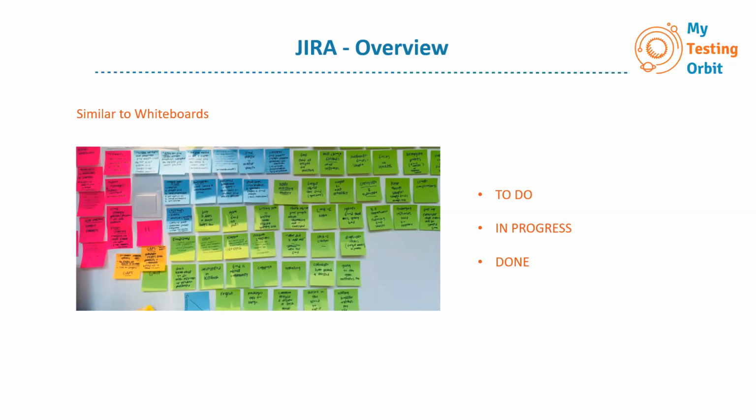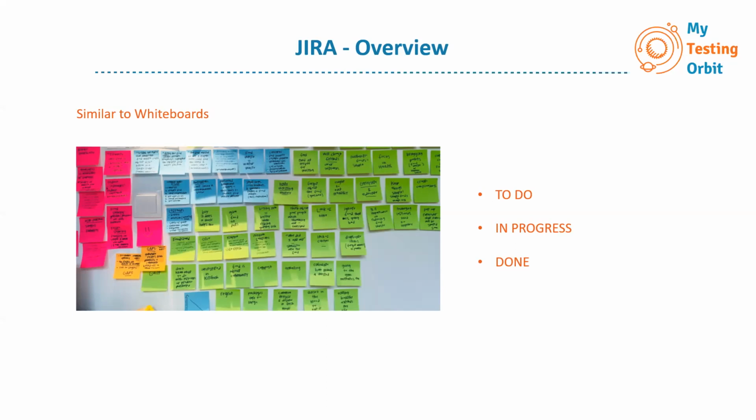Even many teams working together in one location, when they start using Jira, will see that there are many more benefits of using a tool like Jira. So we can say it's kind of a digital form of a whiteboard.